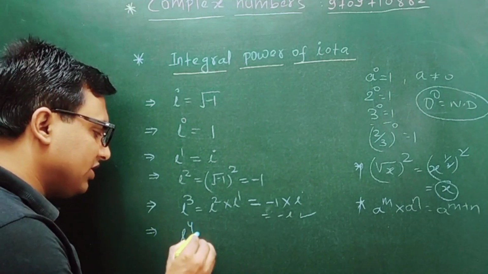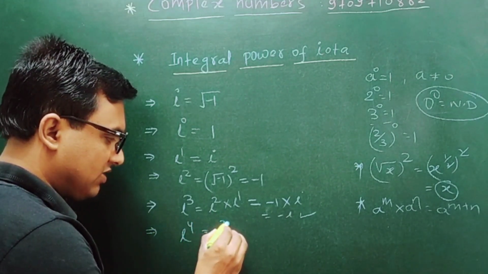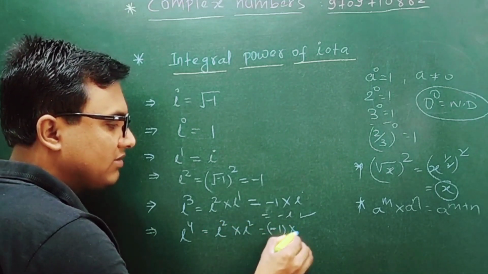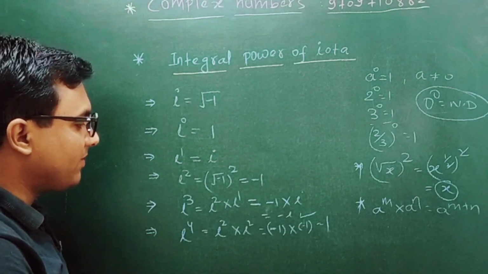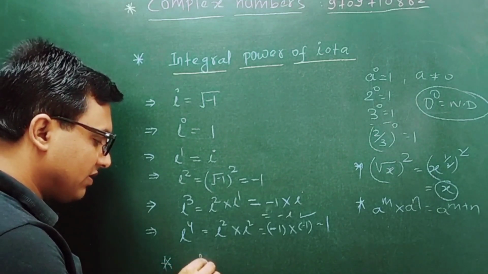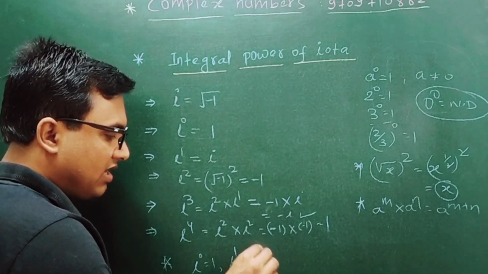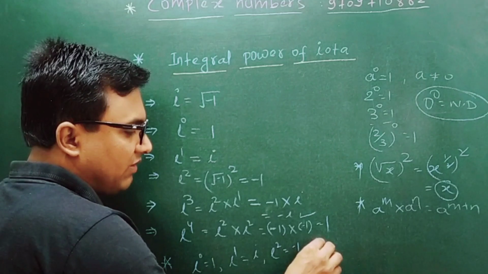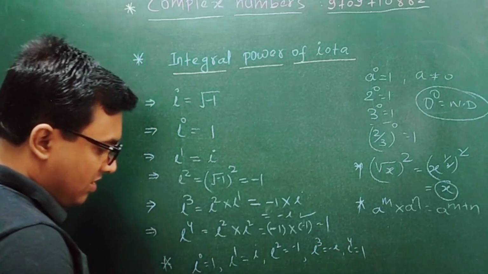Iota to the power 4 is equal to what? Iota square into iota square. That means minus 1 into minus 1 becomes 1. Always remember this result. What result? Iota to the power 0 equals 1, iota to the power 1 equals iota, iota to the power 2 equals minus 1, iota to the power 3 equals minus iota, and iota to the power 4 equals 1.